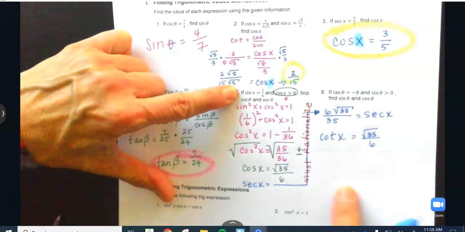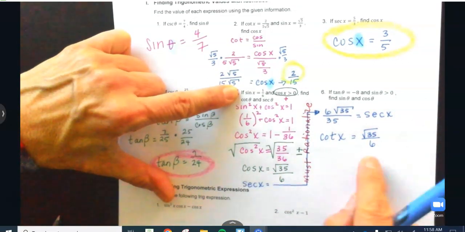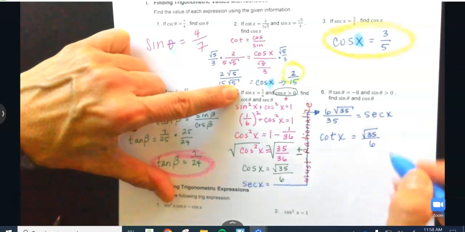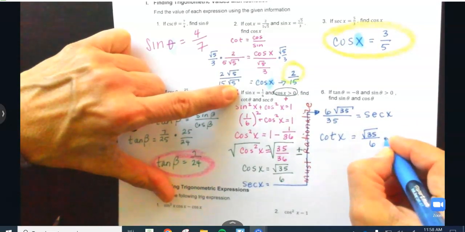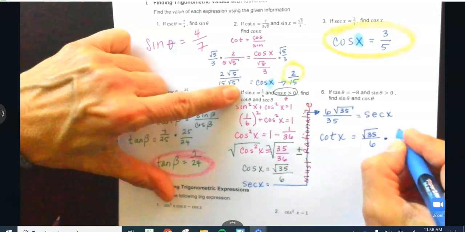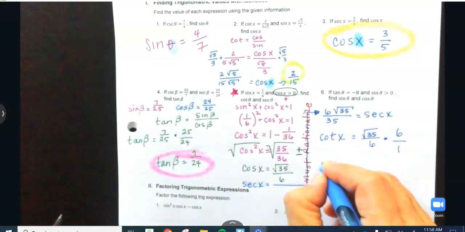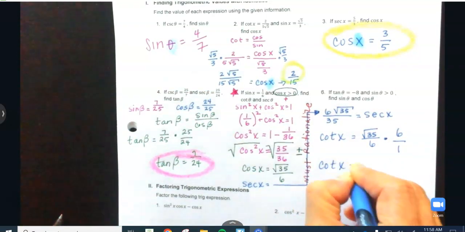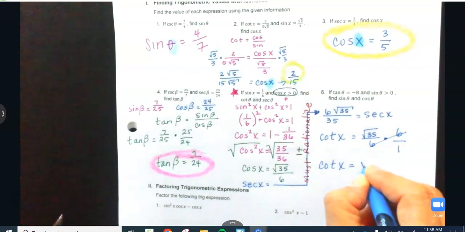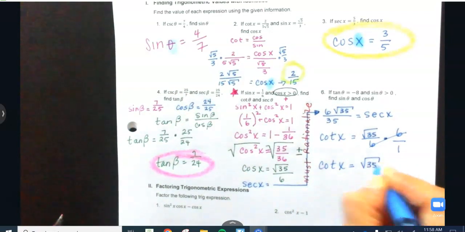But remember, I don't have a lot of room. I'm already on my next problem. I don't have a lot of room to show a lot of work. So I am multiplying by the reciprocal of sine, 6 over 1. So cotangent of x is root 35.